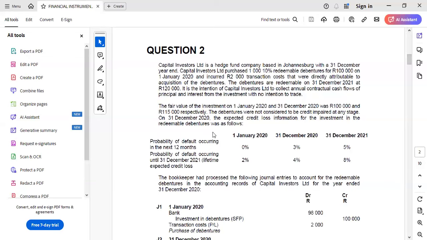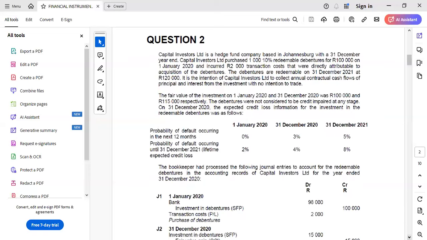Sorry for that. Right. The bookkeeper had processed the following journal entries to account for the redeemable debentures in the accounting records of Capital Investors. When you meet such a question, you have to know, are we the ones buying the debentures or are we the ones issuing the debentures?